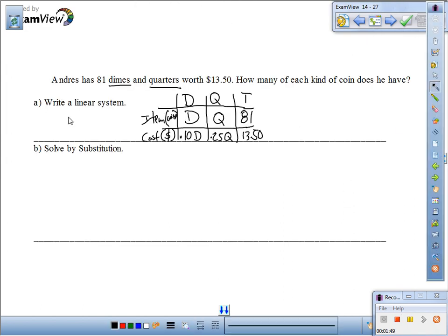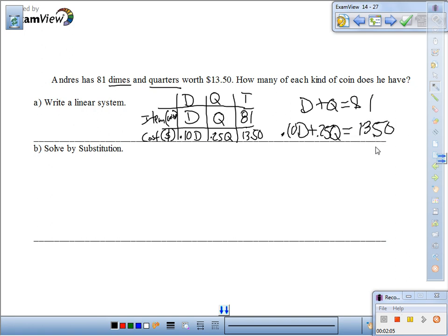So, it says write a linear system. Do you guys see your system already? Yeah. D plus Q equals 81, and 0.10D plus 0.25Q equals 13.50. And everybody's working on this one with me, yes?